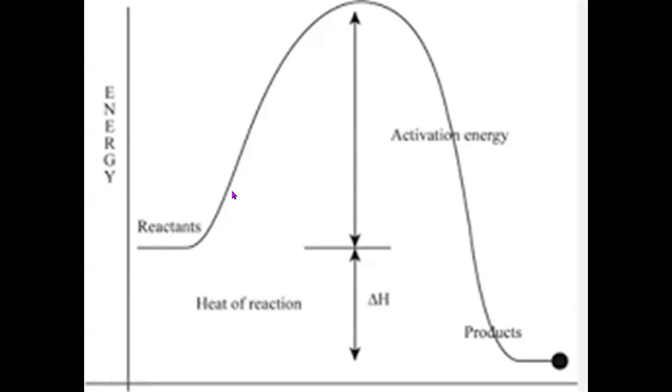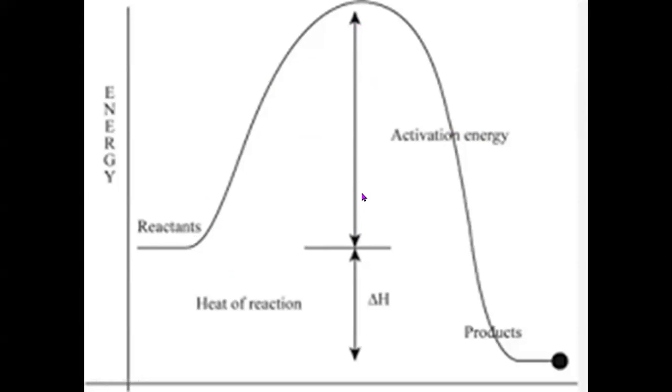This is called the energy barrier. This curve peak is called the energy barrier. To convert these molecules of reactant into product, these molecules have to cross this barrier. They will cross that barrier only when they have this much extra energy, which is called activation energy or EA.